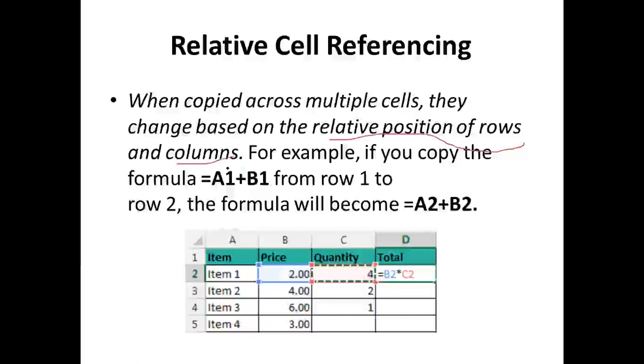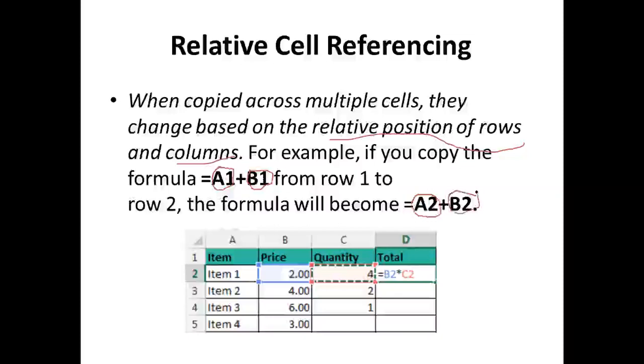What you expect in this formula to change are the operands, but you don't expect the operator to change. Here we had A1, and here we are having A2. Here we have B1, but here we have B2.